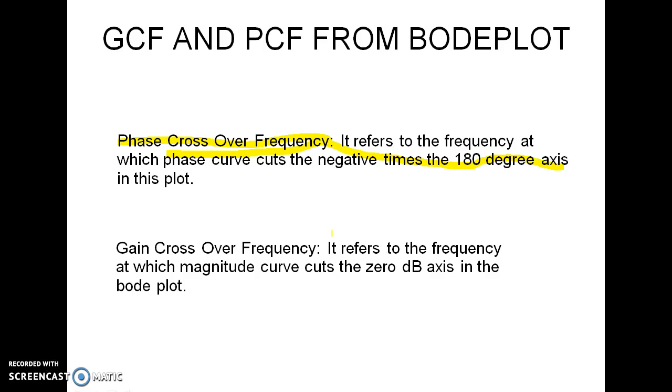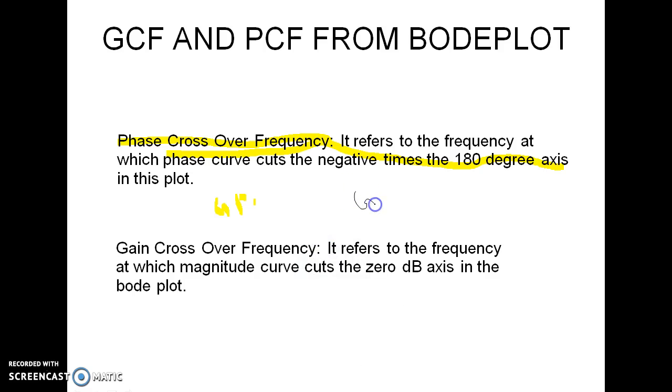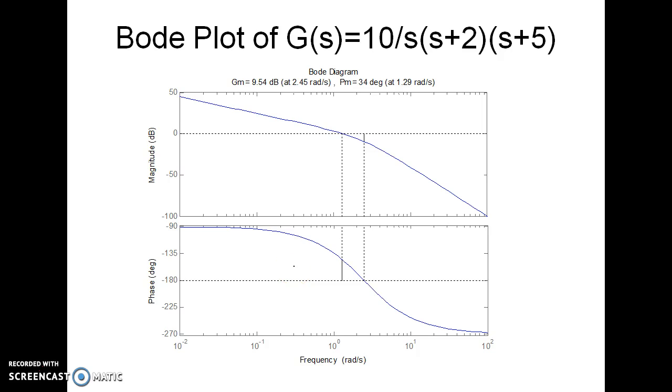Normally, we find out the gain margin of any system by taking a reference of PCF, and we find out the phase margin of the system by taking a reference of GCF. Now let us see how to find out GCF and PCF from the actual Bode plot of one system.